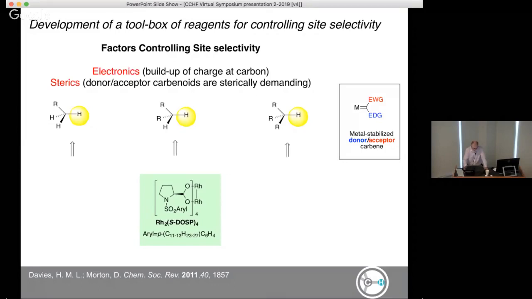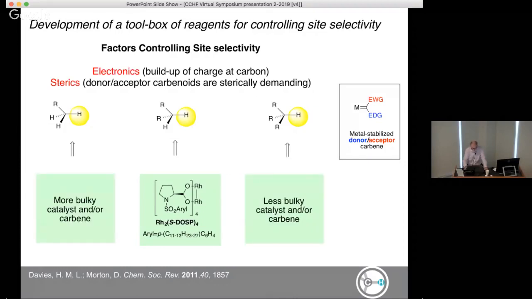But obviously, this program was all substrate control because basically we had one catalyst. So what we want to do is modify that catalyst so that now we've got the possibility of controlling the chemistry effectively by changing the size of the system. Electronically, the tertiary CH bond is preferred, but if you really sterically make the catalyst very demanding, you could push it towards secondary and even towards primary.